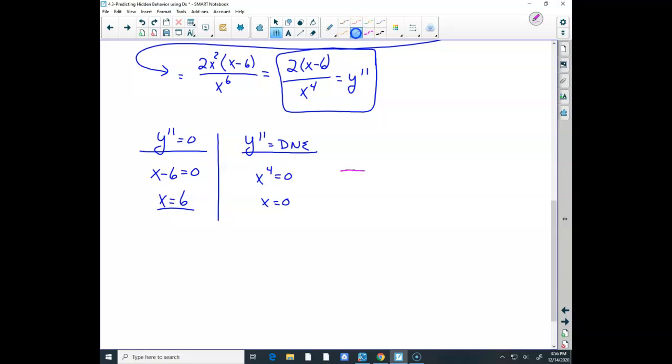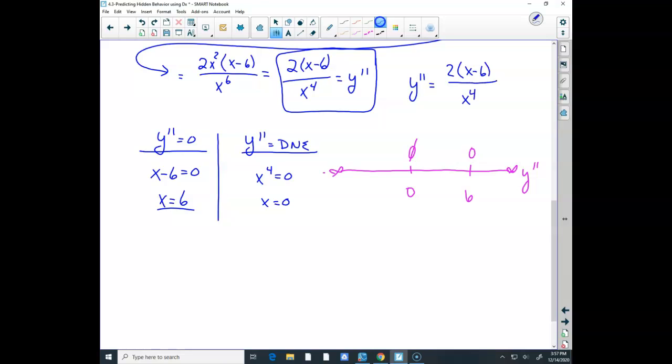So from there, I'm going to do my y double prime line, and I'm going to put 0. I know I'm undefined there, and I know out here at 6, I'm 0, and this side is negative infinity, and this side is really infinity. Now I want to take this second derivative I have, which is 2 times x minus 6 over x to the fourth.